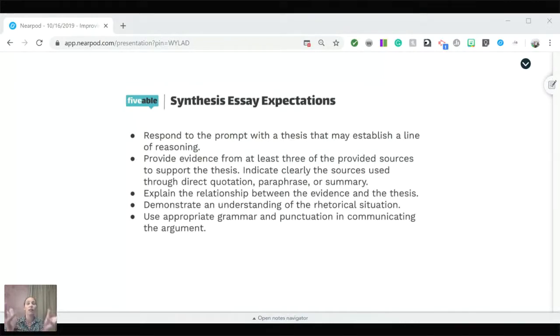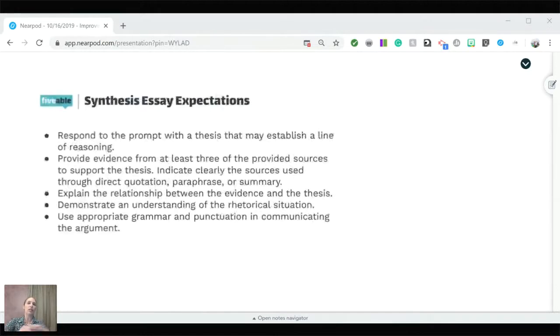Or that's been the tradition or the history of it. And then explain the relationship between the evidence and the thesis, and demonstrate an understanding of the rhetorical situation of those texts and of that event or that topic that's being addressed in the synthesis question, and use appropriate grammar and punctuation in communicating that argument. So those are the general expectations there.